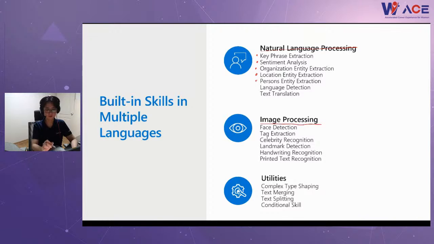For image processing, it can also detect faces and objects in the picture. It can detect celebrities and landmarks. It can also detect text and handwriting. Other than these skills, cognitive search also provides some utilities for merging and splitting text and shaping it.